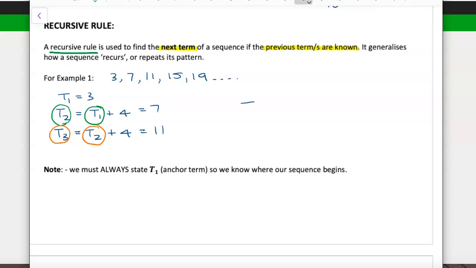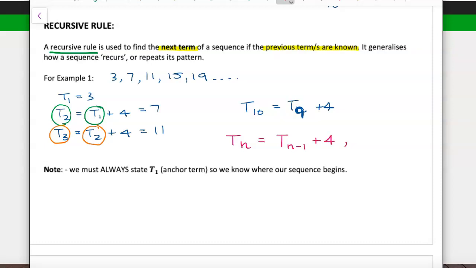To find term 10, for example, we would need to know term 9 and then we would add 4 to it. So to write a recursive rule, we're simply going to say, to find any term, we take the previous term, so the previous to n is n take 1, and we're going to add 4.